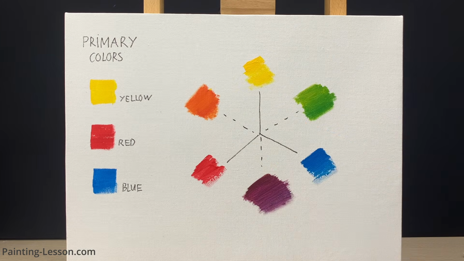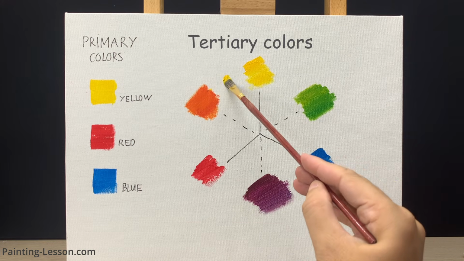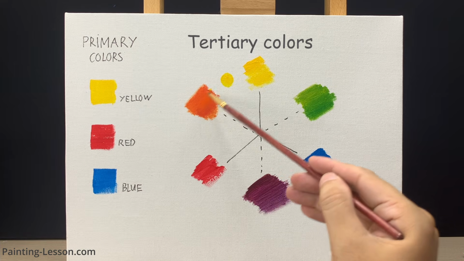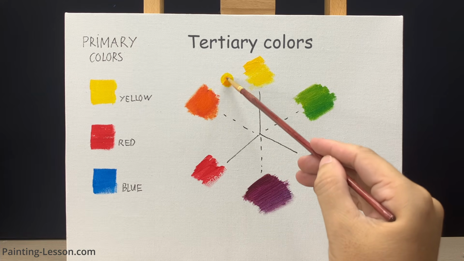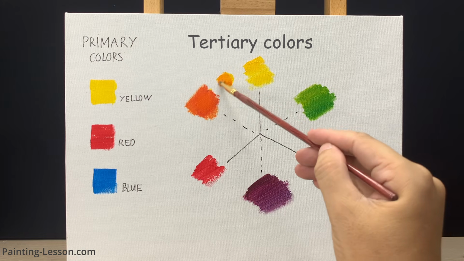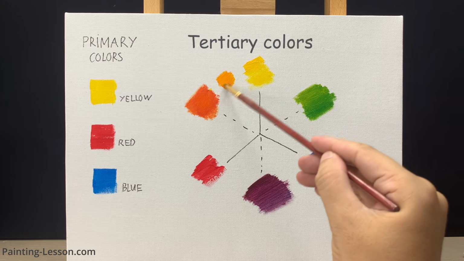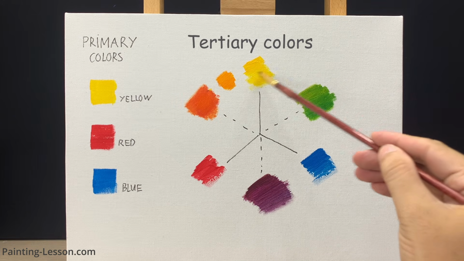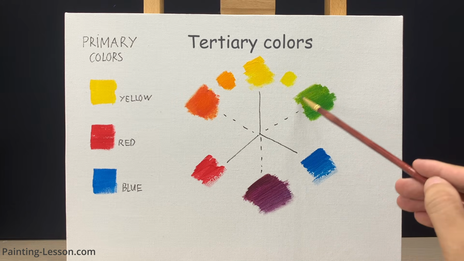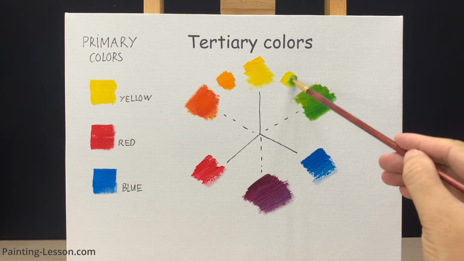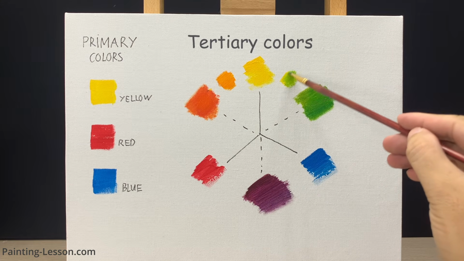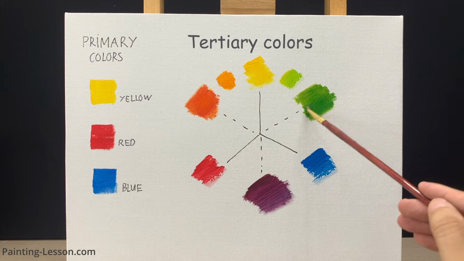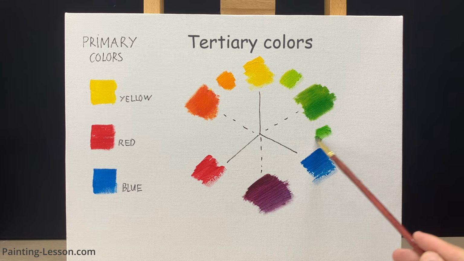Next, I will introduce tertiary colors. They are formed by blending each primary color with its adjacent secondary color. First, by mixing orange with yellow, I create the color yellow-orange. Next, by mixing yellow with green, I create the color yellow-green. Similarly, I have the color blue-green.